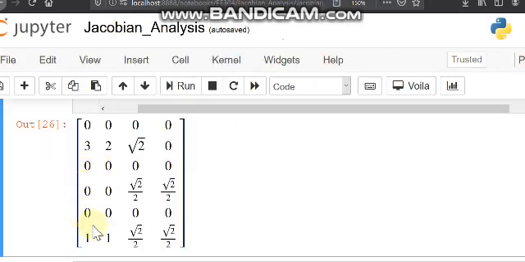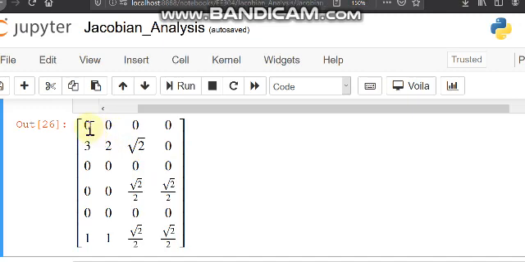Coming back to the matrix, how can we relate this matrix to the actual robot? What do these numbers mean? Well, let us see how we can understand this.